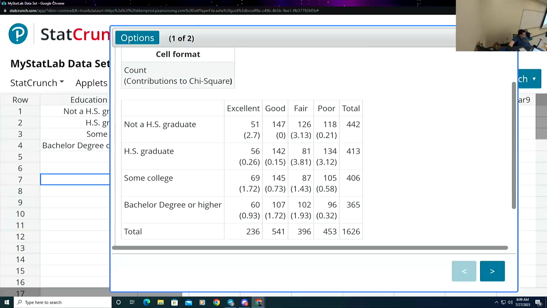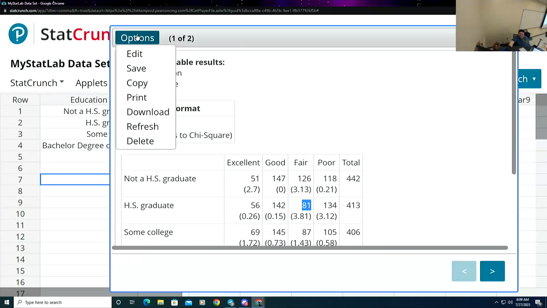Chi-square shows which of these categories is the furthest off. So this 126 for fair is really far off, and this 81. If these were all equal, they should be closer to like 102. But there's a really high one and a really low one in this category. These ones are having a huge impact on the answer.